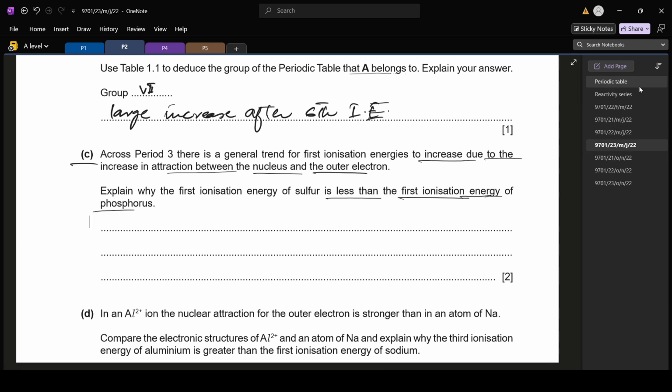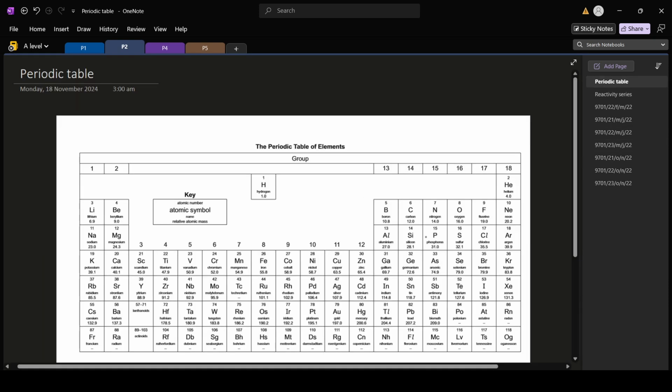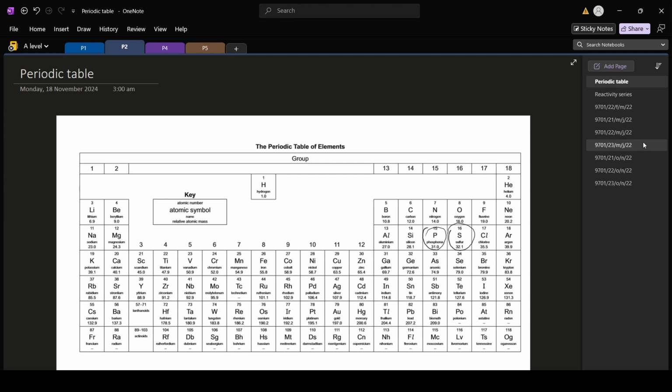From the periodic table, this is phosphorus and this is sulfur. Generally the first ionization energy increases across the period, but here phosphorus has greater ionization energy than sulfur. Why is that?